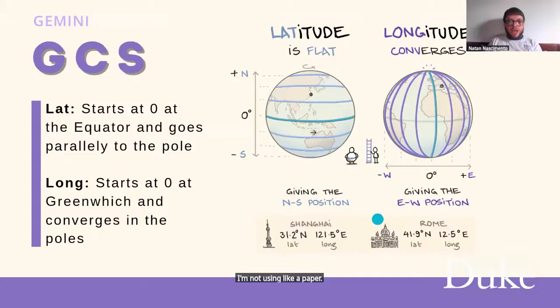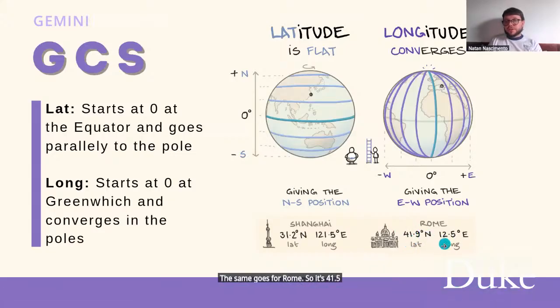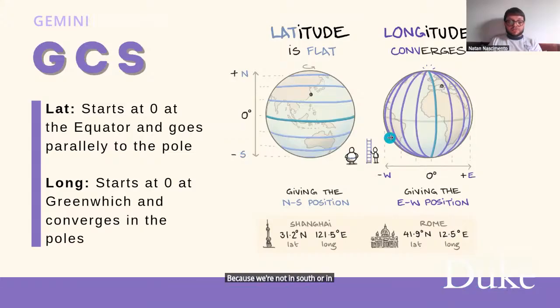I'm using the actual point and the angles in a sphere. And this sphere, of course, is our datum. The same goes for Rome. It's 41.5 degrees north, 12.5 degrees east. See, there are no negative numbers because we're not in the south or in the west.